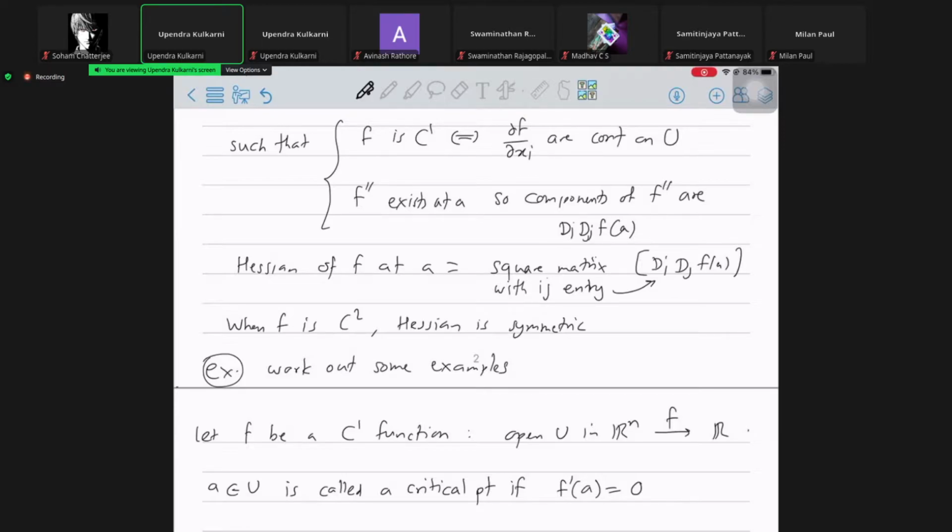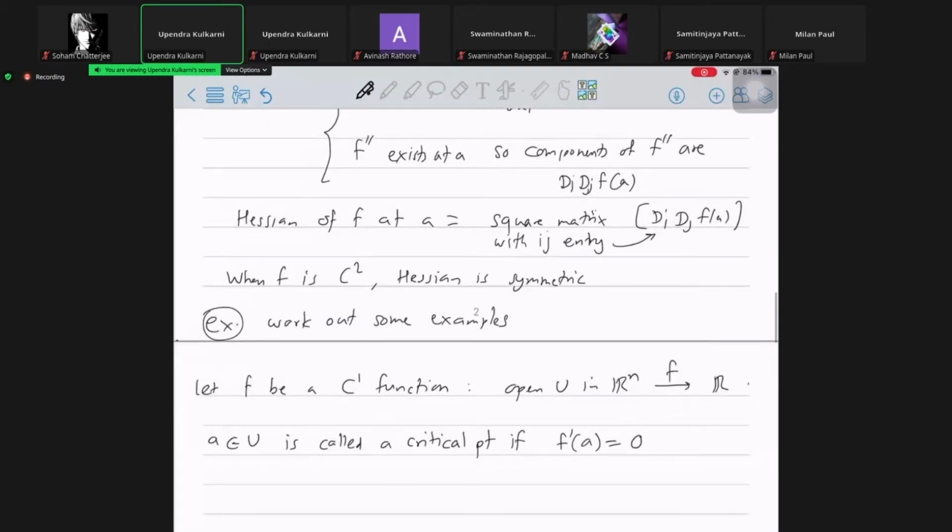If I follow this function in any direction, notice that if f has a local max or min at A, then it does so in all directions.